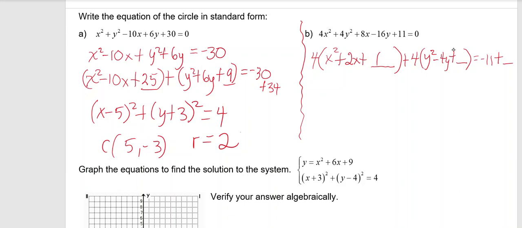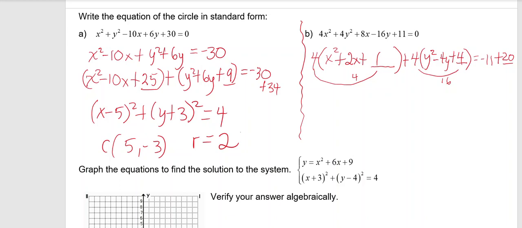In the y terms, it's going to be 2, 4. And so this is where I've got to be careful, guys, because I'm not going to add 5 on the right side, because what am I really adding to the left side? I'm adding 4 here and 16 here. So I've got to add 20 over on the right side.